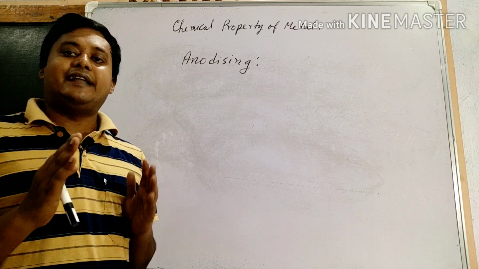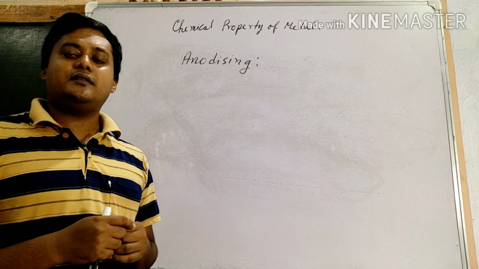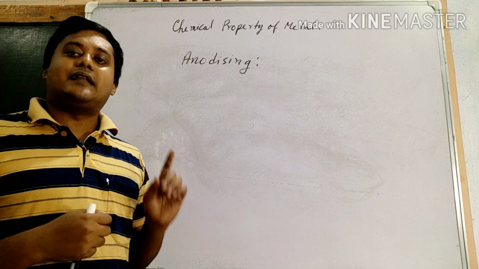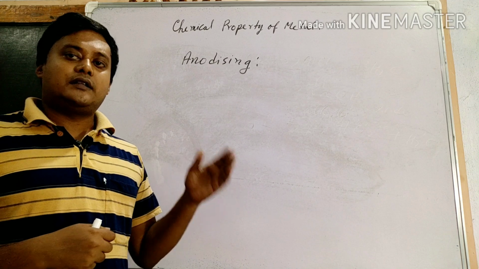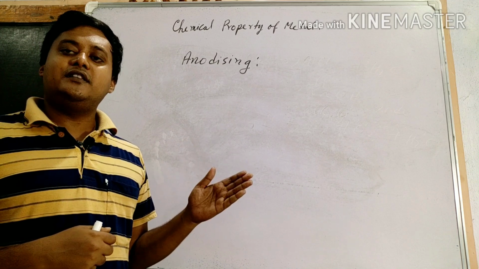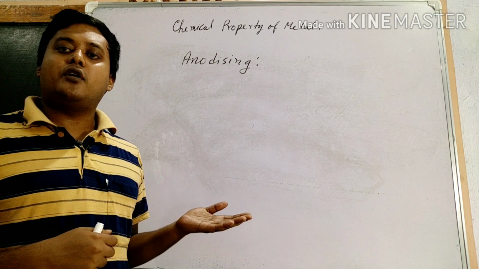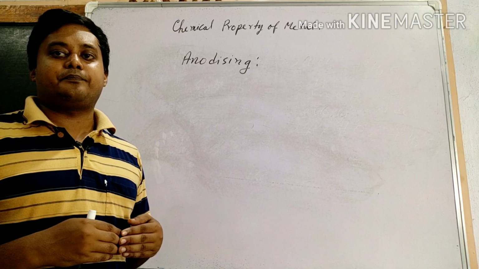When we pass electric current through the dilute H2SO4, at the anode oxygen is evolved. That oxygen reacts with the metal, since we take clean metal at the anode, so metal oxide will form. In this way anodization takes place.